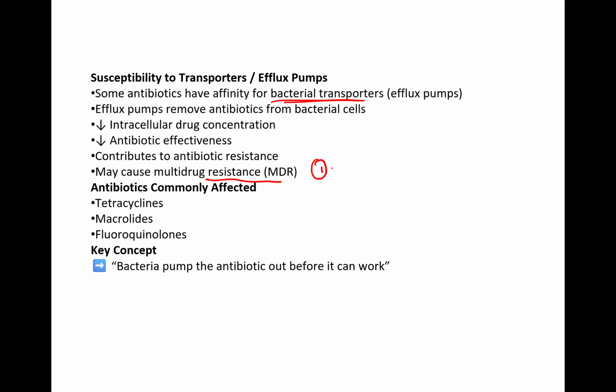Antibiotics that are commonly affected include tetracyclines, macrolides, and fluoroquinolones because of the action of efflux pumps. The key concept is that bacteria can pump the antibiotic out of their cell before it can work. So even if we give an antibiotic, there is no effect.